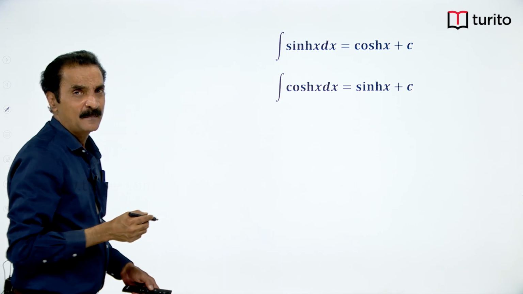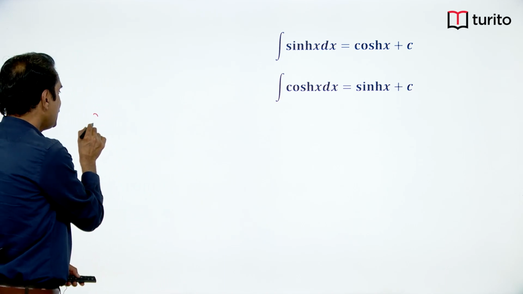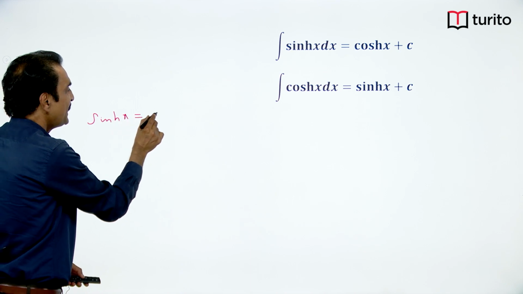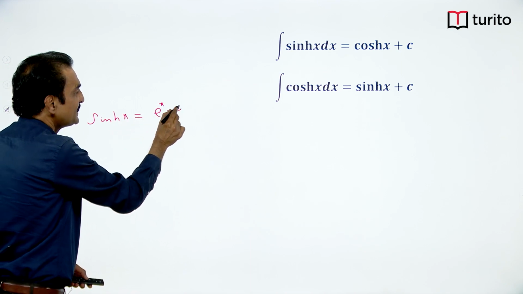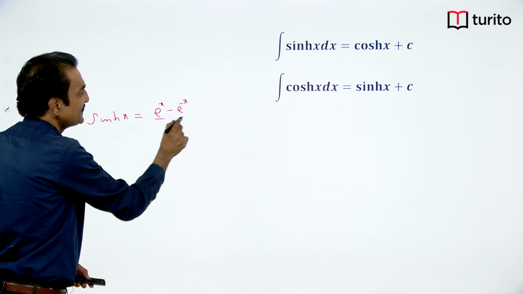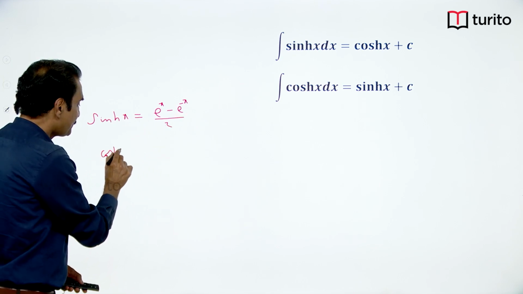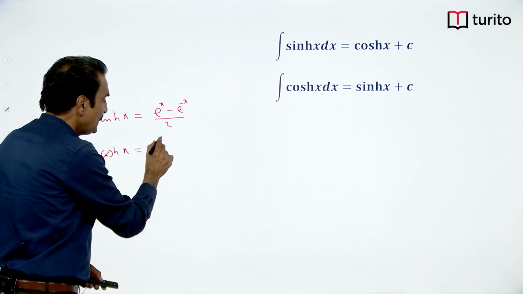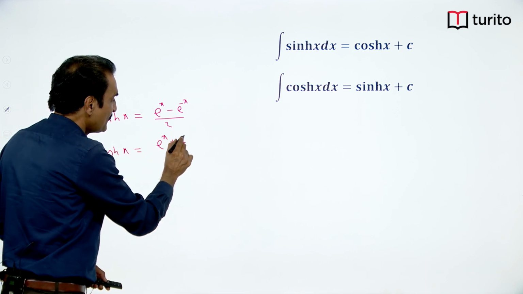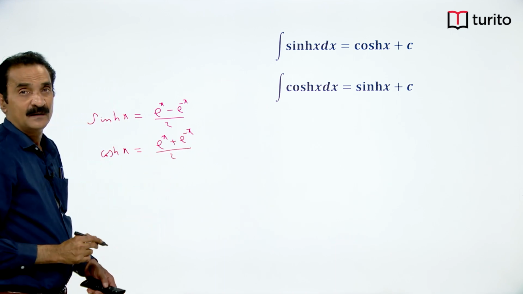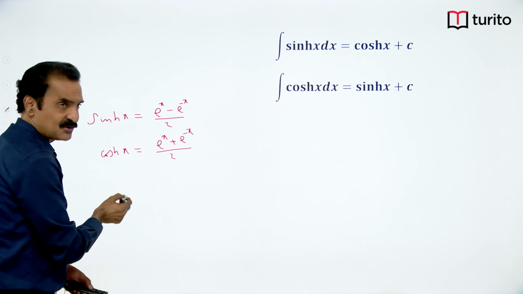You must be aware sin hx is a hyperbolic function which is defined as e power x minus e power minus x by 2, and cos hx is e power x plus e power minus x by 2, and remaining are as usual.